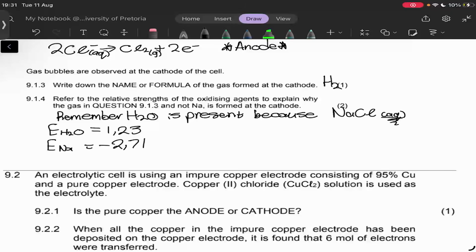I'm just going off the actual values here from the table 4B. What we should note is that water is the stronger oxidizing agent. What I mean by that, if it's a stronger oxidizing agent, it will undergo reduction more easily. And that's why we have hydrogen being formed there.